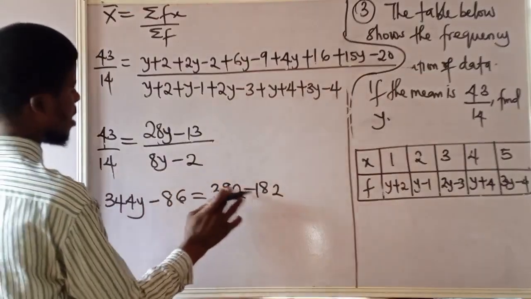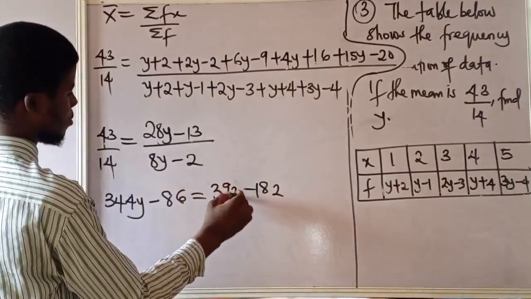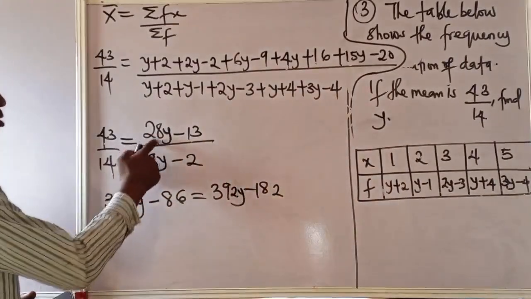Okay, this is 392y. That's this times this, okay?